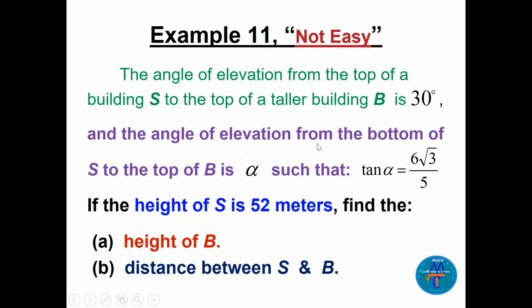And the angle of elevation from the bottom of S to the top of B is alpha. It's not given, it is alpha, such that tan alpha is 6 square root of 3 divided by 5. If the height of S is 52 meters, let's find the height of B and the distance between them. Let's make a sketch, please, or you can read it again and try your sketch.